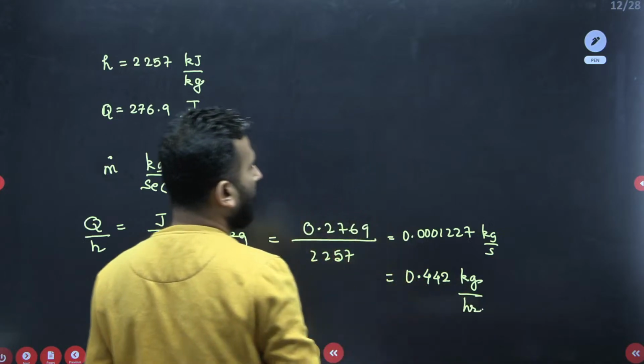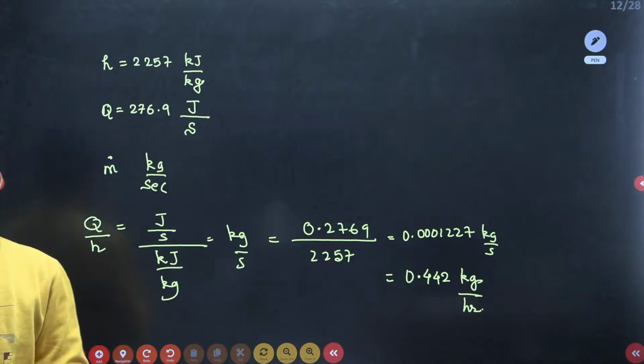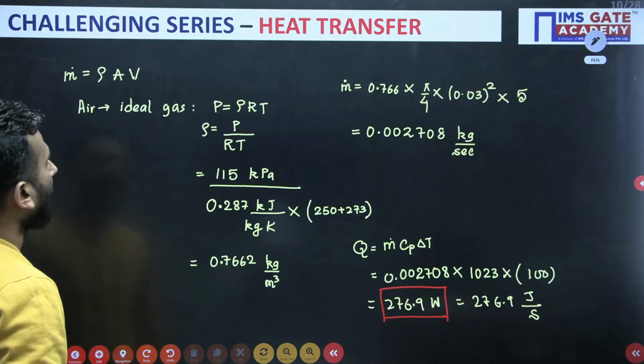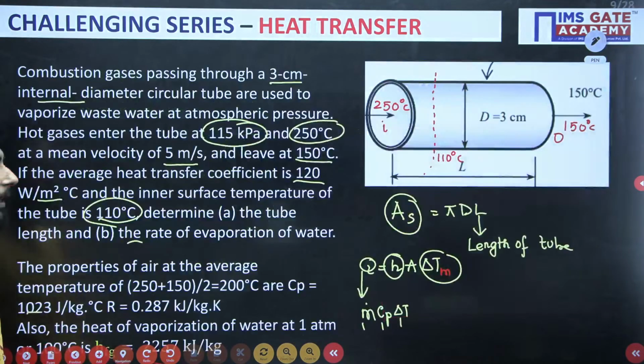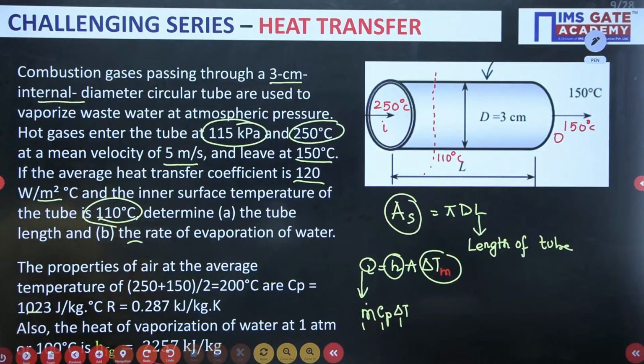So in terms of hour it will be 0.442 kg per hour. So this is the end of another very amazing question on the mixed bag concept of convection and LMTD.